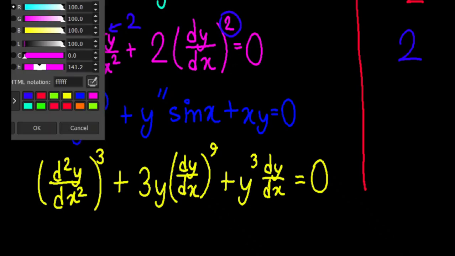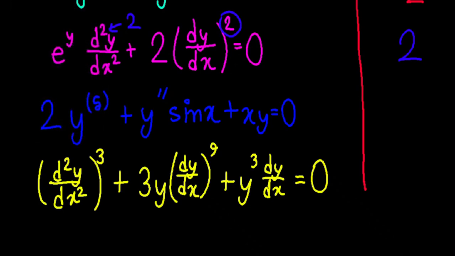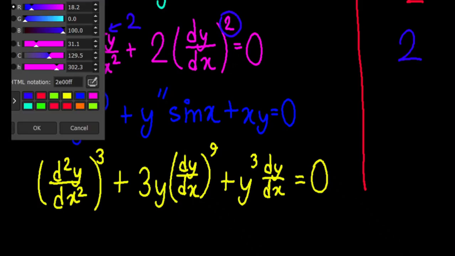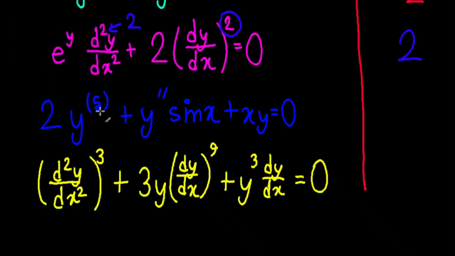This is not y to the power 5. This in fact means the fifth derivative of y. And what we can see here, this is the second derivative. This is the zeroth derivative, or just y, to be honest. Now the fifth derivative is definitely the highest derivative here, so the order is going to be 5.